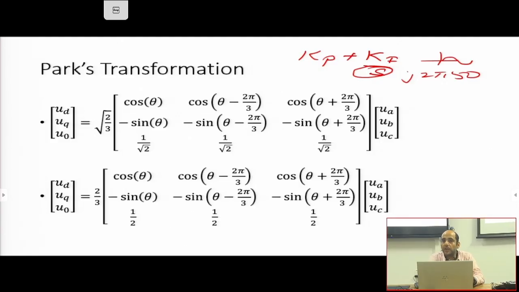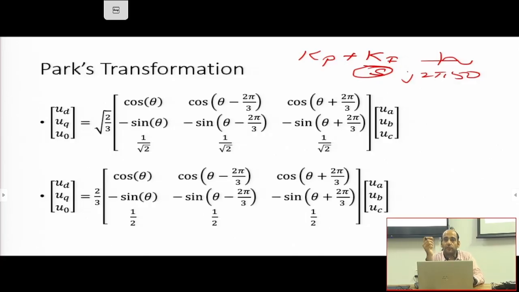Now there are multiple approaches to do the Park transformation because it's just a mathematical tool. Either you can say the D axis leads the Q axis, or the Q axis leads the D axis, or you can say my D axis voltage should be equal to the peak of the phase voltage, or the RMS voltage, or the phase voltage, or line to line voltage.